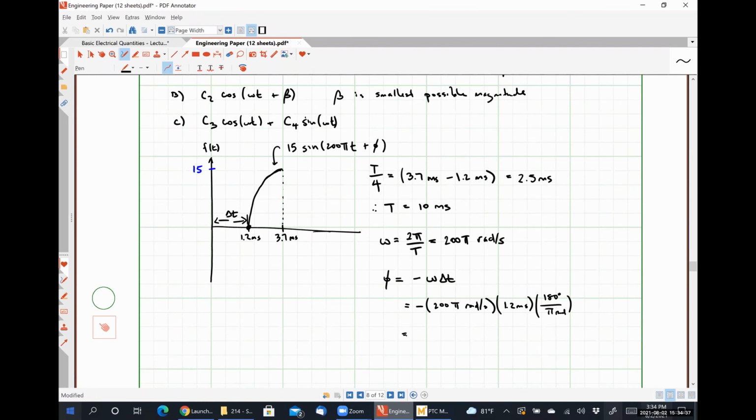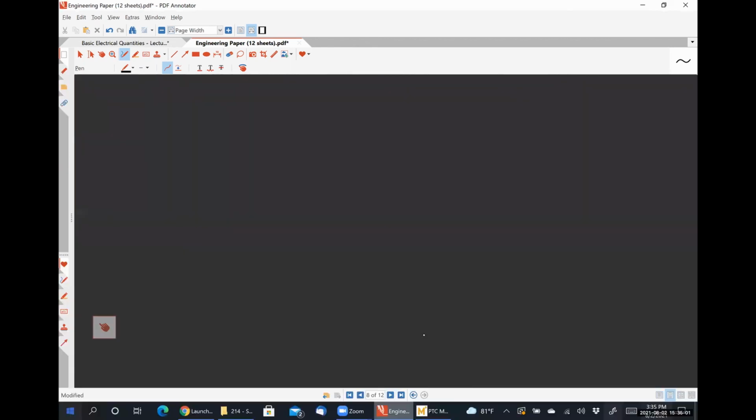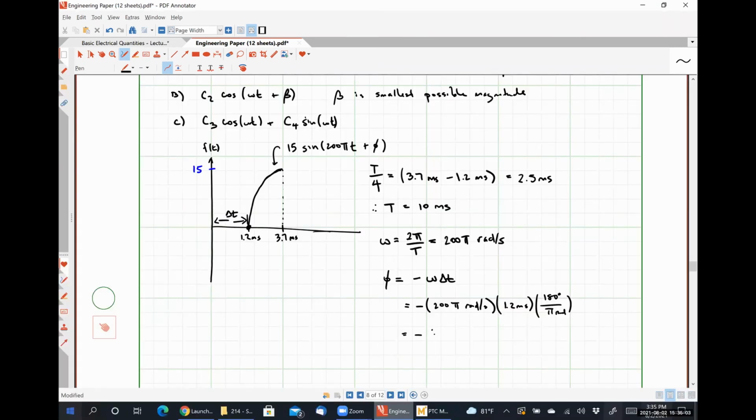So negative 200 pi times 1.2 times 10 to the minus 3 seconds times 180 over pi gives us a phase angle of negative 43.2 degrees.